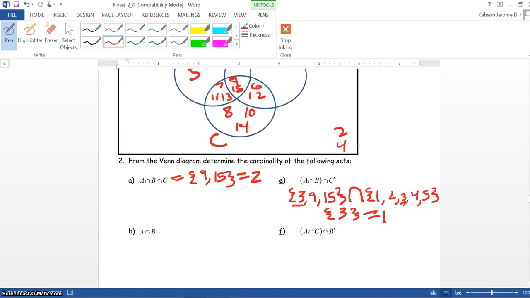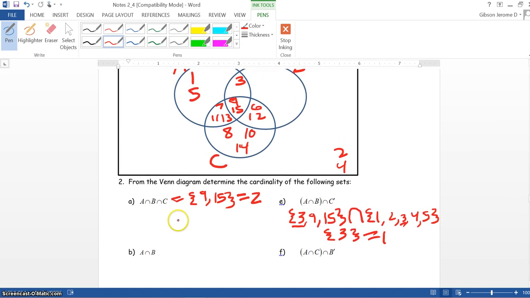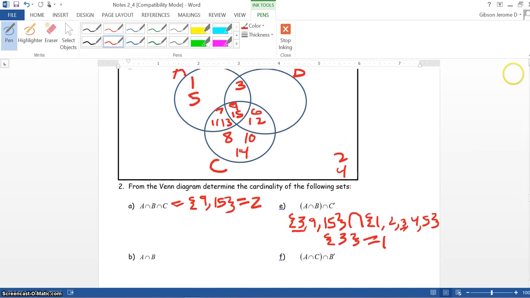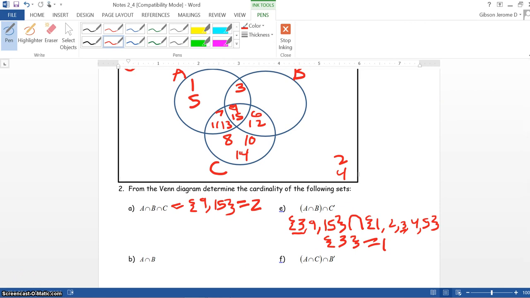Now we go here to A intersect B. Now what we could do is this here. Instead of, well, I guess we can still just draw out the set names. Okay, so now we look here. If we look at A, we have the following numbers in A. We have 1, 5, 3, 9, 15, 7, 11, and 13.